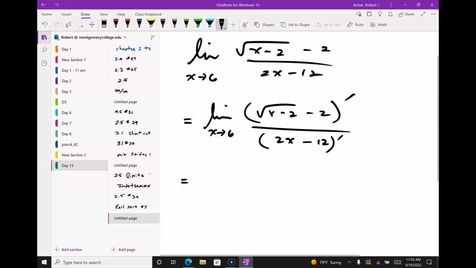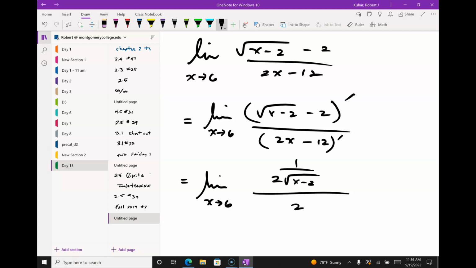Downstairs is easy. What do I get for my derivative downstairs? 2. Upstairs I get 1 over 2 square roots of what? X minus 2. Remember, the derivative preserves horizontal shifts.